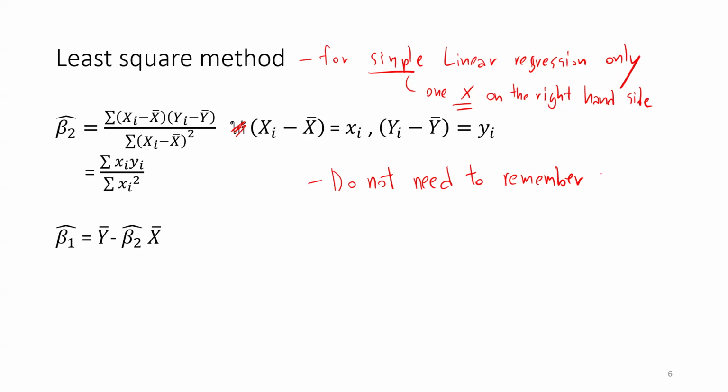So after they solve a lot of equations, y hat equals beta 1 hat plus beta 2 hat x, they finally get, if you would like to find the slope, this equation: sigma (x minus x bar)(y minus y bar) over sigma (x minus x bar) squared.